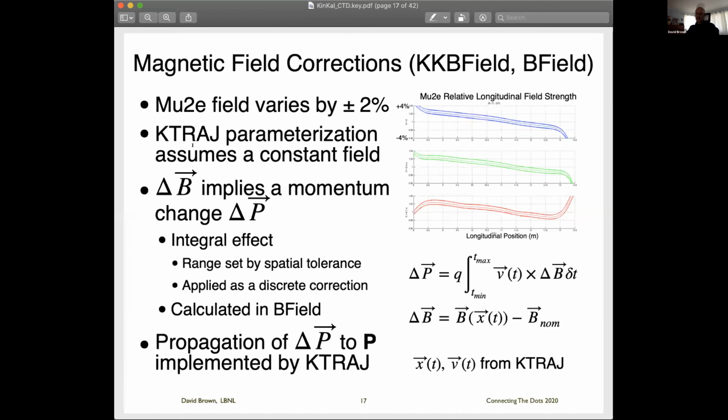The parameterization, of course, assumes a constant field, so the way this is handled is by integrating the effect of the difference between the field that you actually have and the field that you assume to get the change in momentum and then applying that directly to the parameters. This is, again, the same concept as was developed originally in BaBar.